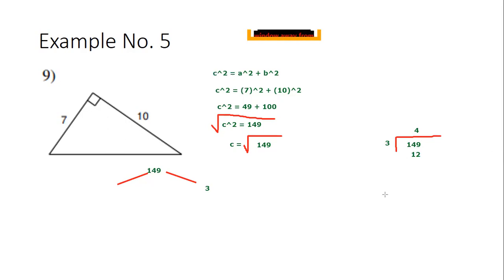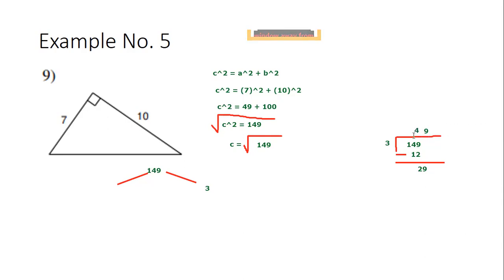And what comes next after we get the product? We subtract. So 149 minus 12, so this is 2. So 1 minus 1, that's 0. 4 minus 2 is 2. Then bring down 9. So 29 divided by 3 is what? That's 9.